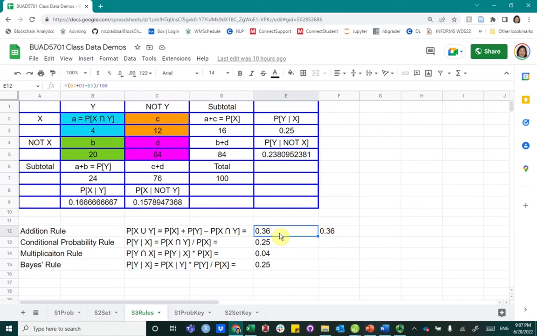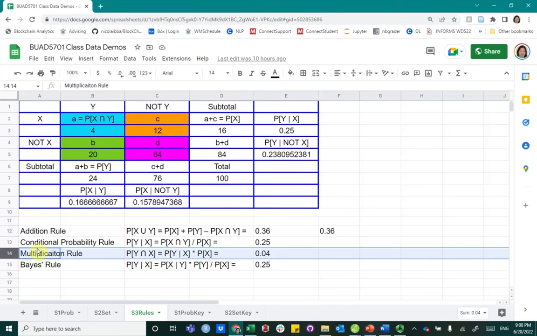The addition rule can help you figure out this number, and it is the probability of X, which is the total for the X row, plus the probability of Y, which is the total for this column, minus the intersection, which is 4 over here, and that will give you the X or Y, which is 0.36.